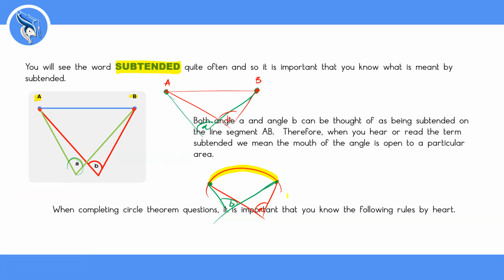So it's very important that you understand what the word subtended means when you intend on doing a circle theorem question. And also there are some rules, some circle theorems, that you really need to know by heart in order to complete these questions efficiently and accurately, okay?